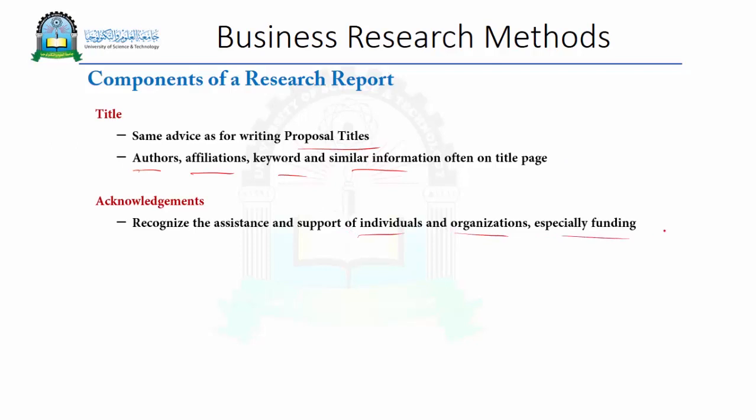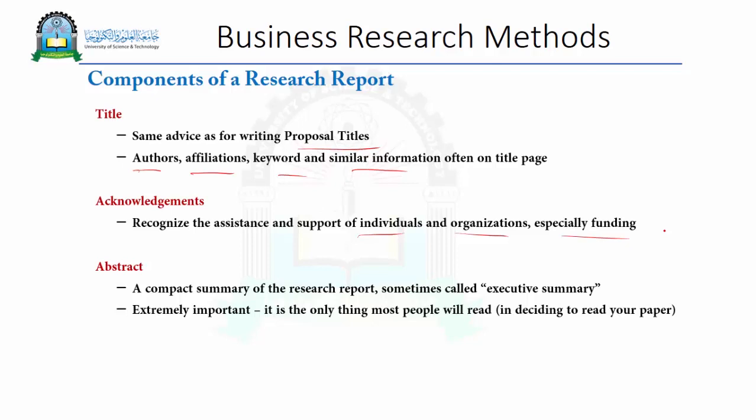And also here people must write something or recognize the efforts of the supervisor, for example, or anybody who assisted the researcher, for example, in collecting data, in the analysis, or in doing anything in the report. So all these people or organizations must be thanked and must be recognized. Their work must be recognized and acknowledged in the research report.